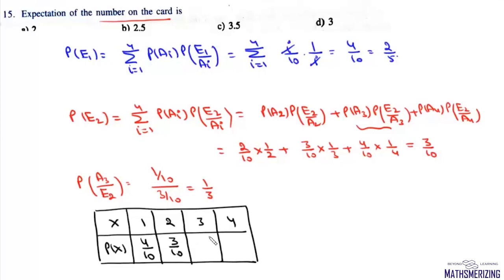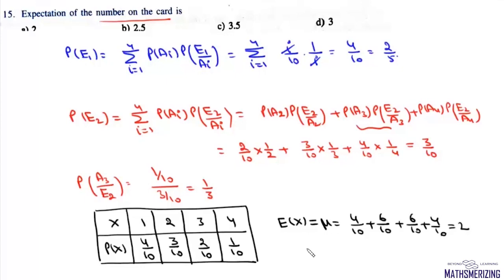Now for this number to be 3, it will be 2 by 10. And for 4, it will be simply 1 by 10. Now if we have to find the mean of the random variable X, which is mu, it will be 4 by 10 plus 6 by 10 plus 6 by 10 plus 4 by 10, which is 2. So the expected value of the number on the cards is 2, and that's your option A.